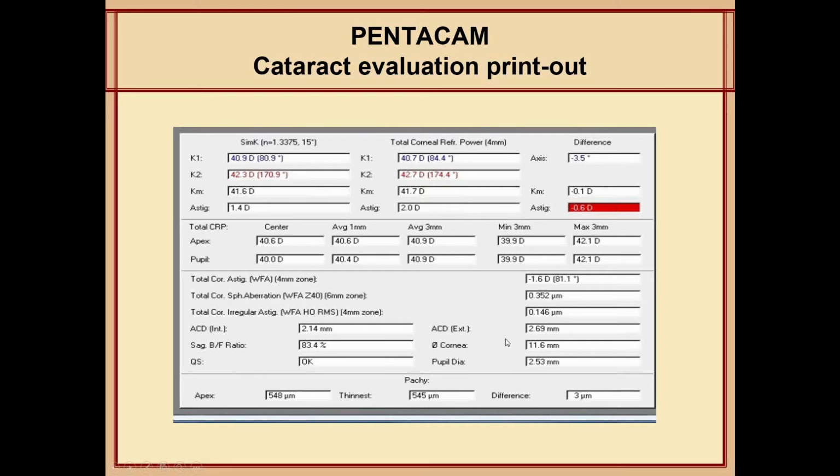And it also gives you measurements of the anterior chamber depth, the corneal diameter, the pupil diameter, and the pachymetry, it shows you how much it is at the apex or the thinnest, and information. But for me, it's the spherical aberration in this one that is very important, and then the total corneal refractive power with the amount of astigmatism in here that is important to me.